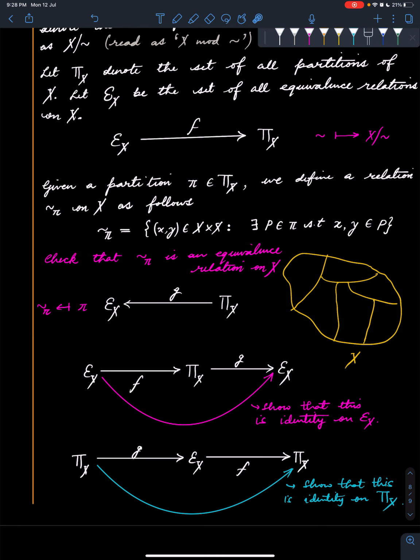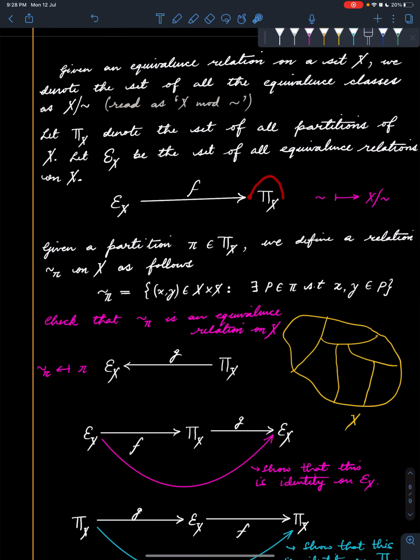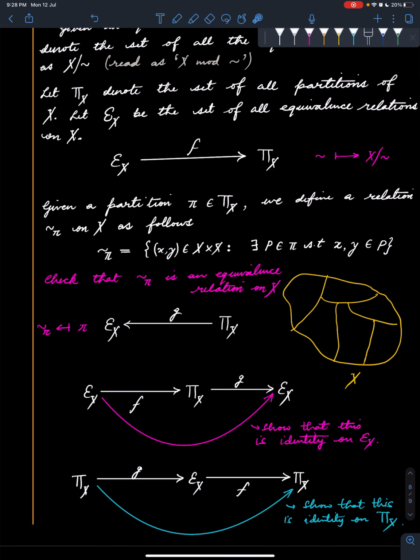So the point of this is that the set of all the partitions on X and the set of all the equivalence relations on X are basically the same objects, dressed somewhat differently. And what identifies what is the dictionary between these two different languages. If you are comfortable in this world, you pass to this world via this dictionary, and if you're comfortable with this world, then you pass to this world via this dictionary.